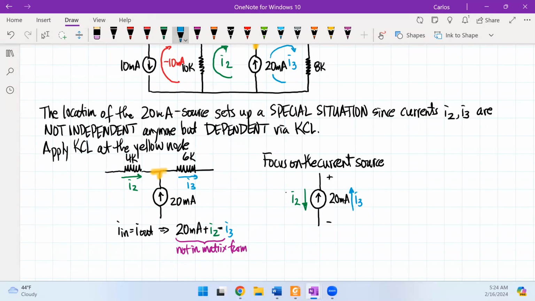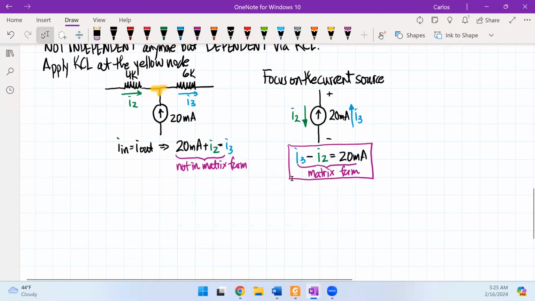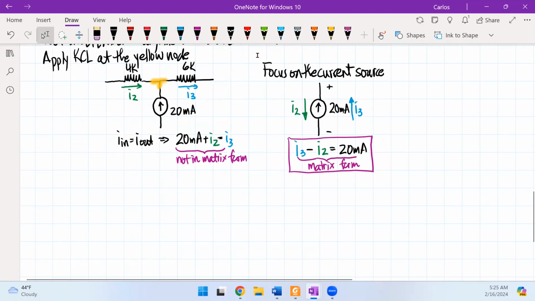So then I'm going to have that I3 minus I2, because they're not in the same direction, has to equal 20 milliamps. And I say that this is what we want, because this here is in matrix form. And this is what we call the supercondition, which I haven't defined yet, but that's what we're looking at here.